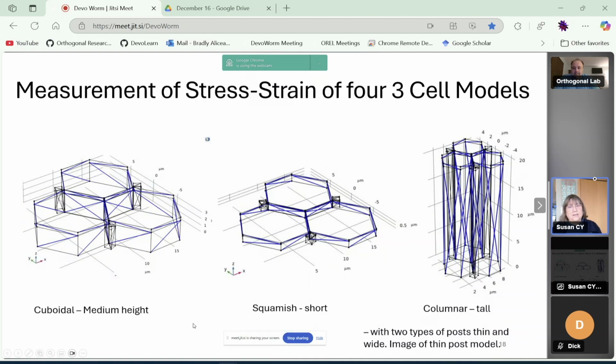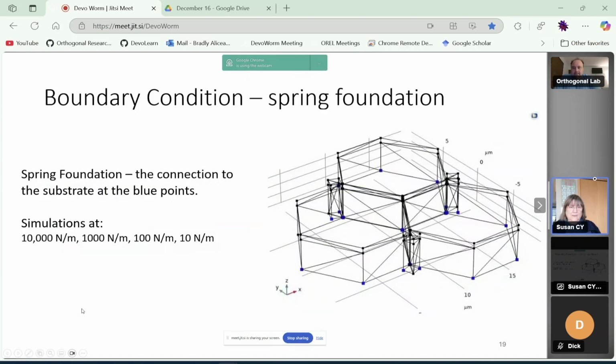And I made 3 basic models: a cuboidal model, a squamous or short model, and a columnar or tall model. They all have a spring foundation that you can see in blue.